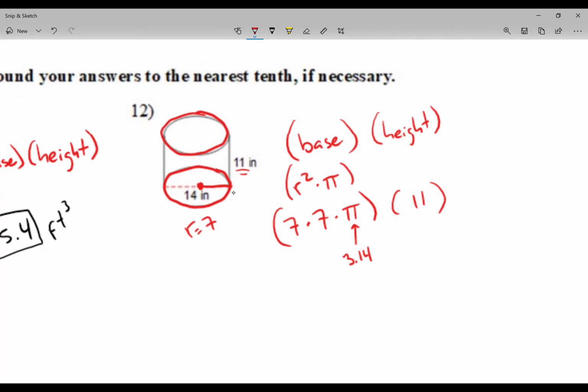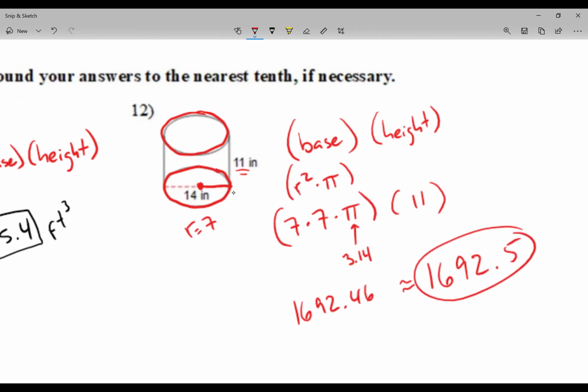That gives me my answer to be 1,692.46, which I'm going to round to one decimal place. So I'm going to say this is 1,692.5. The second decimal place is big enough, so it pushes my 4 to a 5.